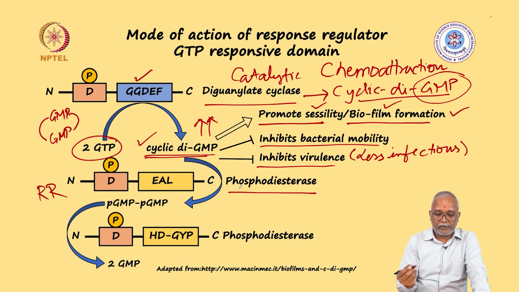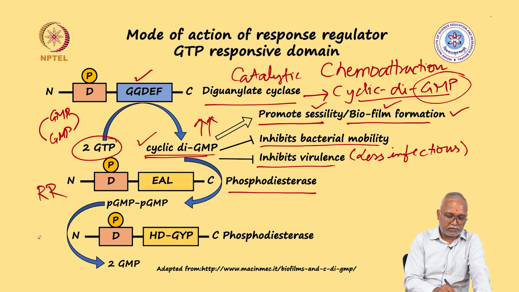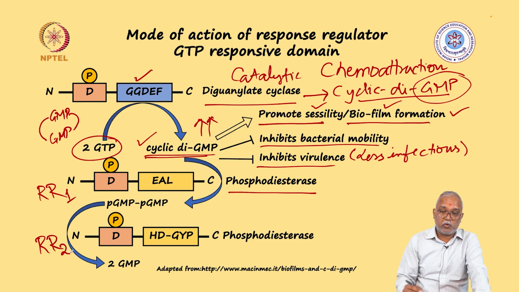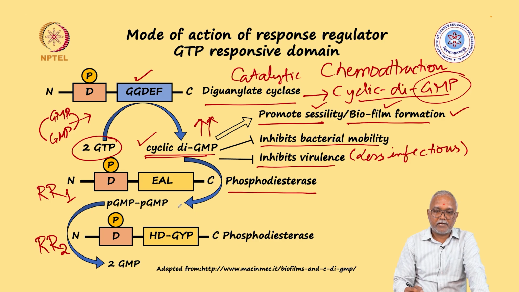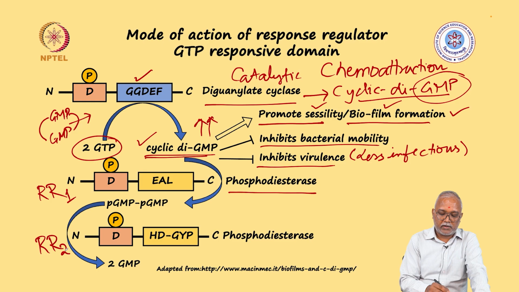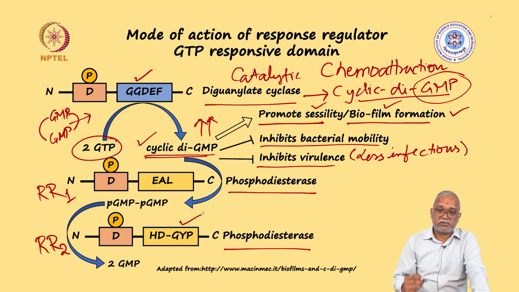And there are two different types of these response regulators. If I say response regulator 1 and response regulator 2, one of them will break down this cyclic di-GMP at one point and generate a linear GMP-like molecule. For further breaking this down into the single GMP-like molecule, you have another response regulator which contains this type of motif in its catalytic domain.